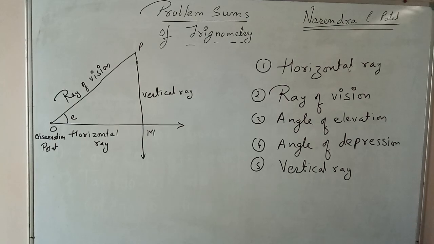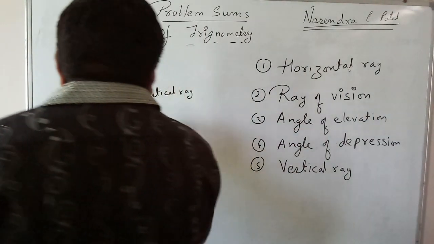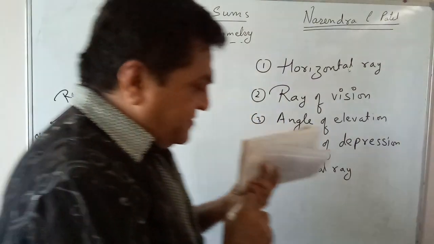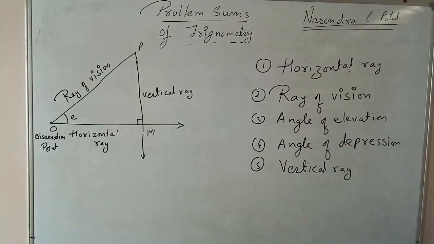So here I have drawn a figure. From the figure you can know which is the horizontal ray, which is the vertical ray, which is the ray of vision, which is the angle of elevation.